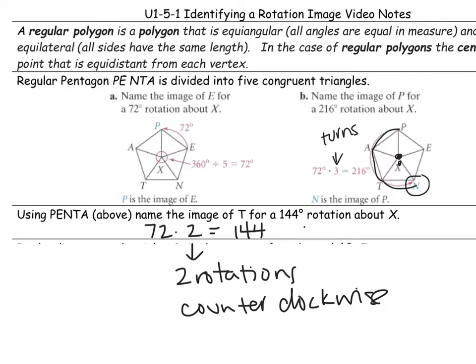So 2 rotations about the center of rotation, which is X. If we take point T, which is right here, and do 2 rotations, 1, 2, point T is now point E. So the image of point T after a 144 degree rotation about X is point E.